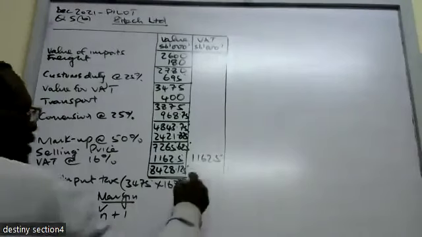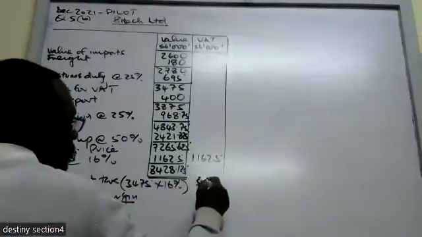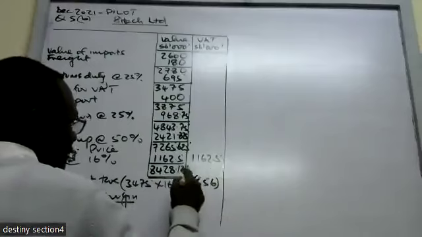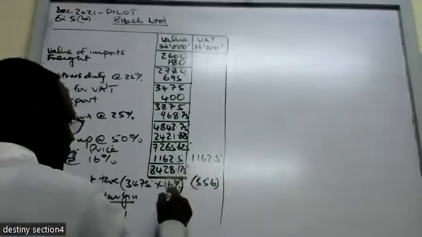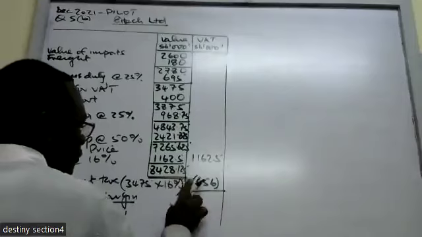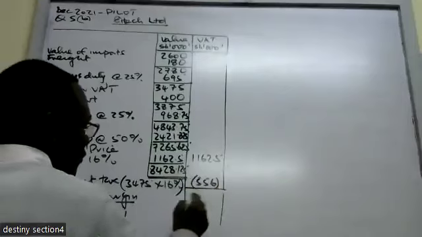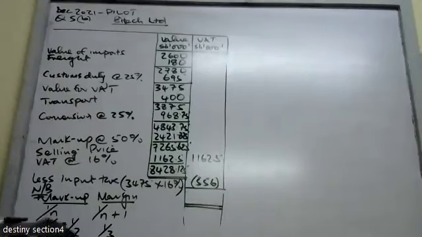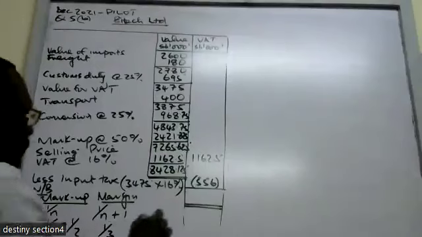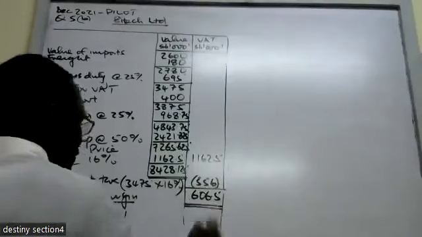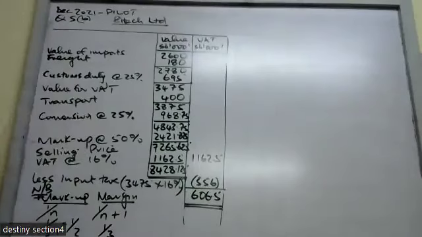So input tax is 556. We subtract here and get the final VAT payable, which is 606.5.